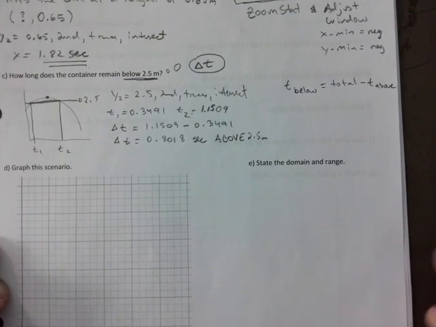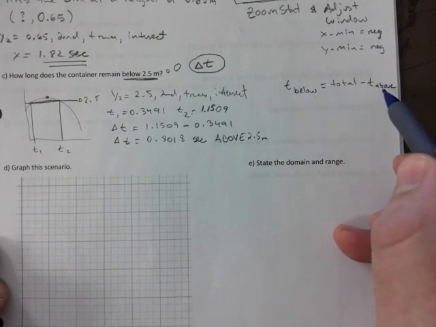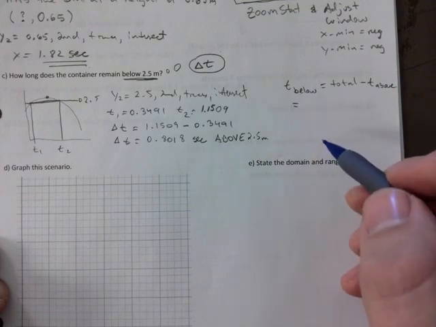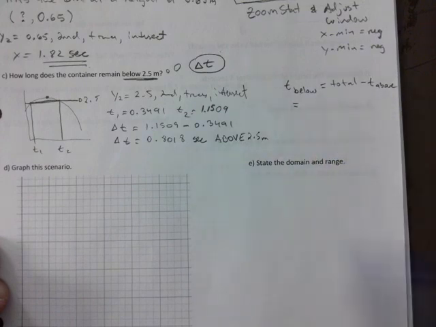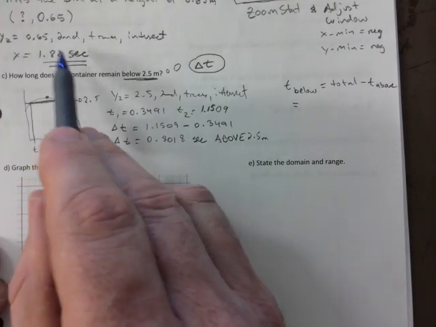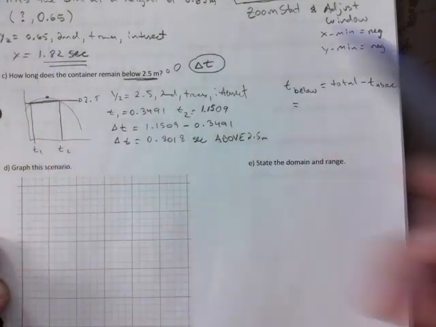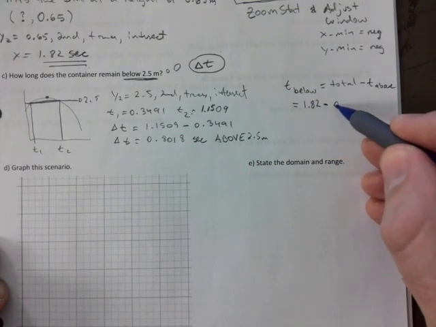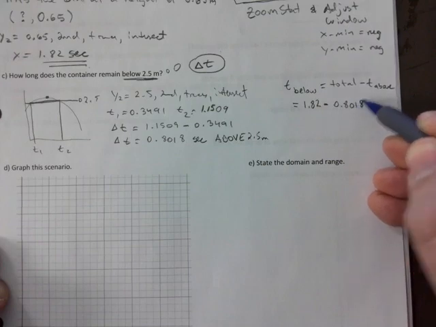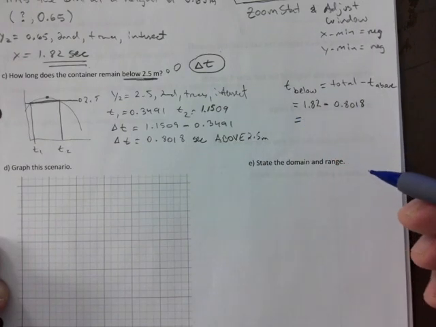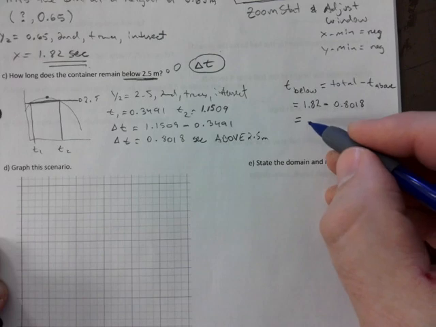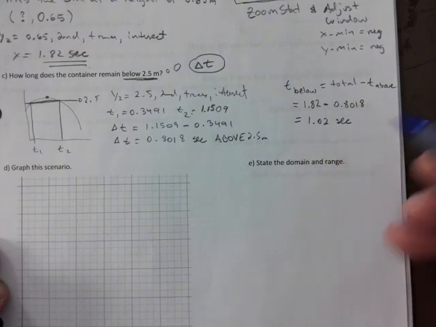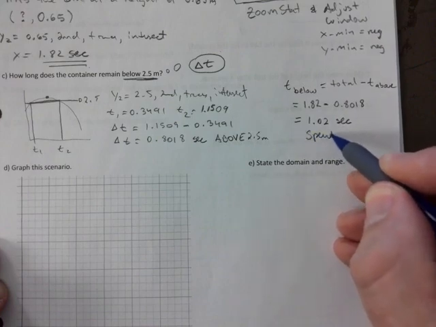Total is all the time that elapsed until it hit the rim, already determined as 1.82. So this is 1.82 minus 0.8018, and that is 1.02 seconds spent below.